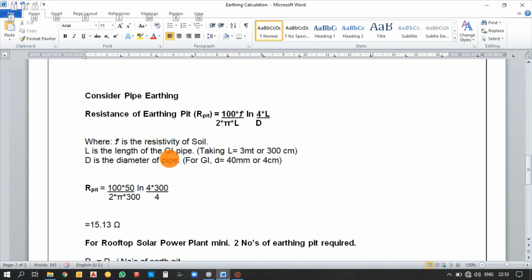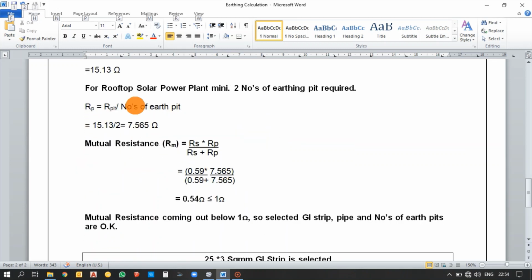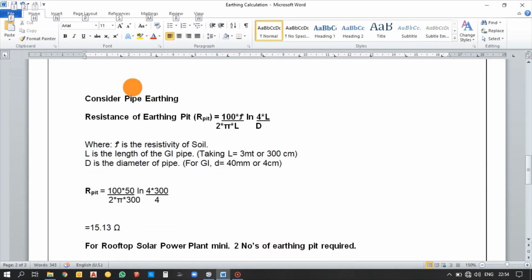D is the diameter of the pipe we are going to bury, 40 mm, that is 4 centimeter. Equating all this, we get 15.13 ohm as the resistance of the earthing pit.